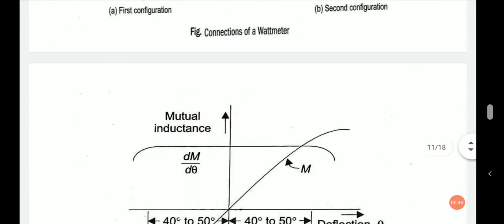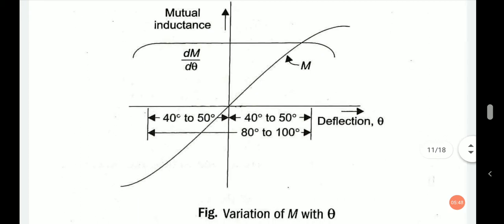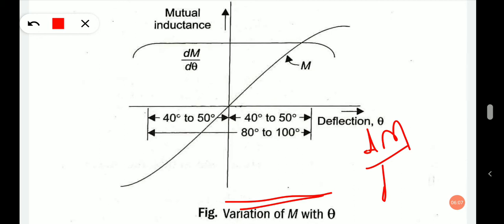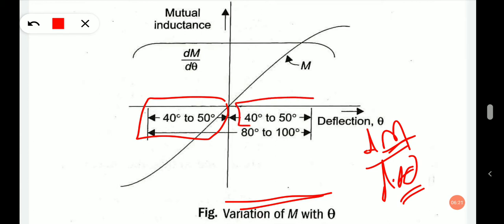We can see in the figure the variation of M with theta. So the scale is designed such that M varies linearly with theta over a range of 40 to 50 degrees on either side of the zero mutual inductance position.